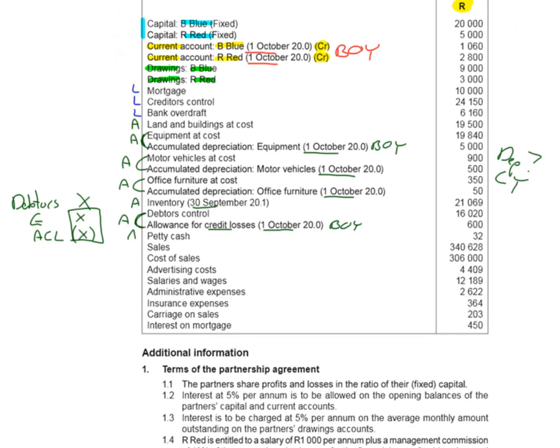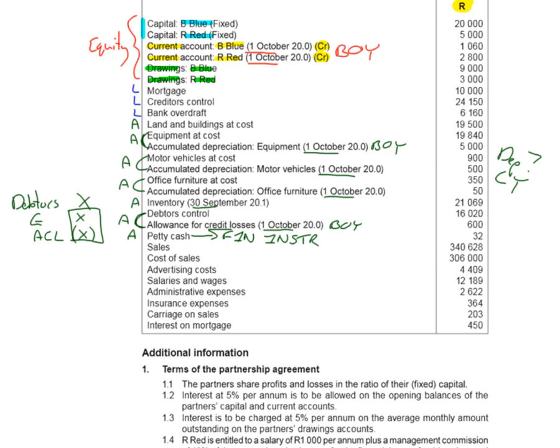Petty cash, another asset, that's a cash amount. Just remember that is also falling under financial instruments, okay, for disclosure later on. Okay, so we're done with assets, liabilities, statement of financial position, which had all the equity accounts as well at the top.